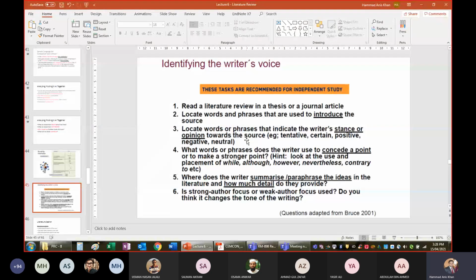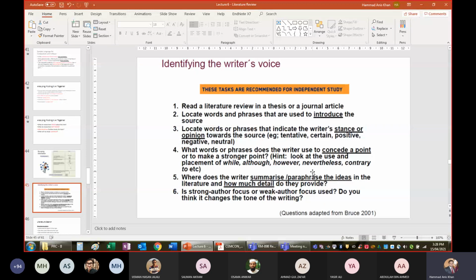Is he highlighting it highly, putting emphasis on it, or critiquing it? You should understand the tone of the writer. You can target words or phrases that concede a point or give emphasis, like while, although, however, nevertheless, contrary. With these words you can see he is emphasizing a certain point.